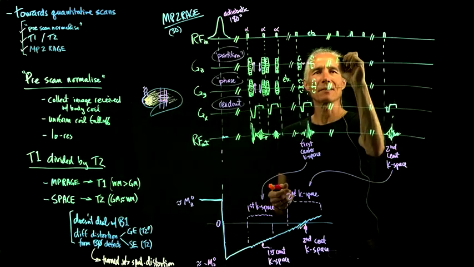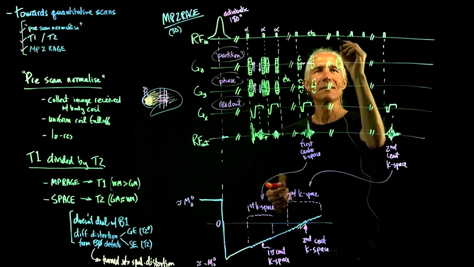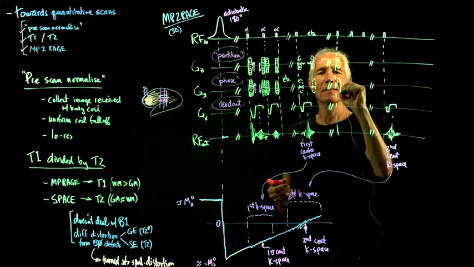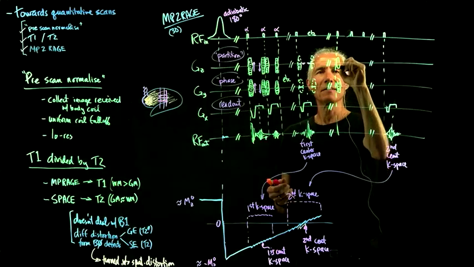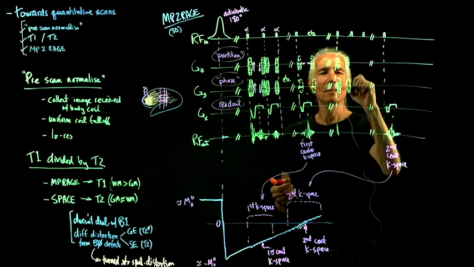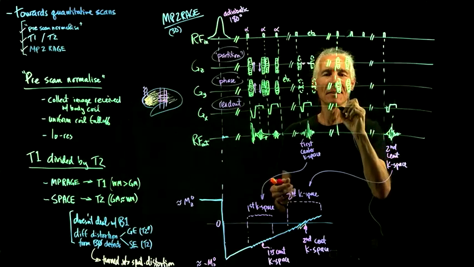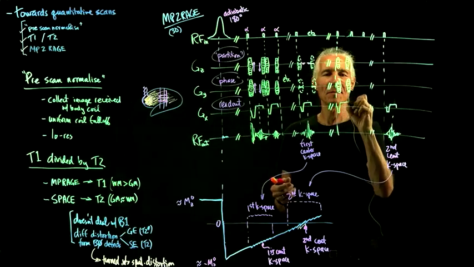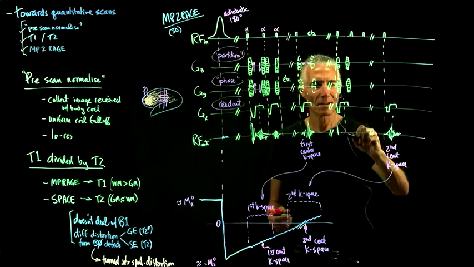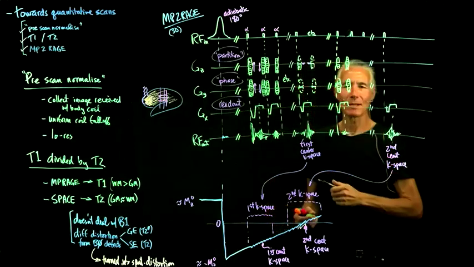So we got like a zillion pulses here. Every time we do one of these, we've got another one of these, and another set of fixers. So you can see it's just a rat's nest of RF pulses, and here's some little recording of a small echo. That's a small echo because it's out at the edge of k-space.